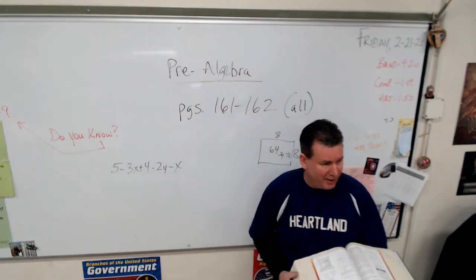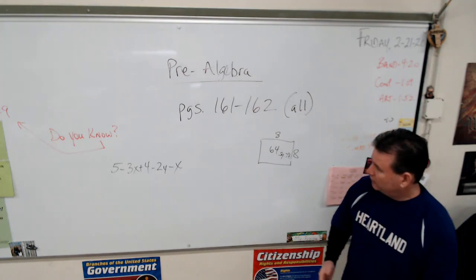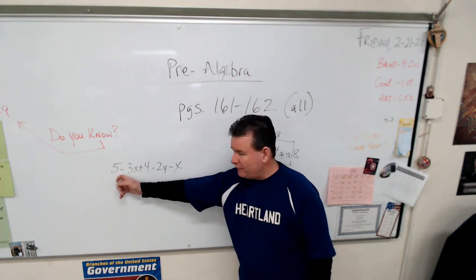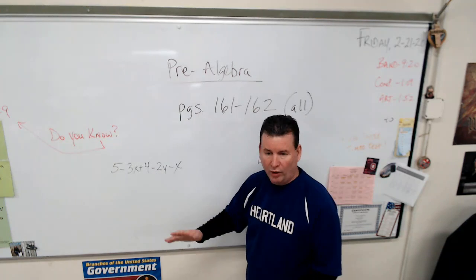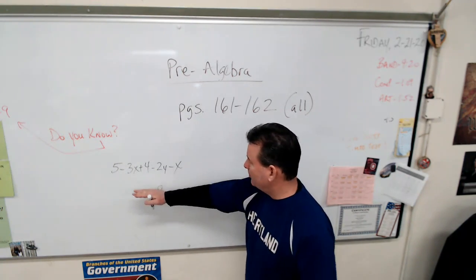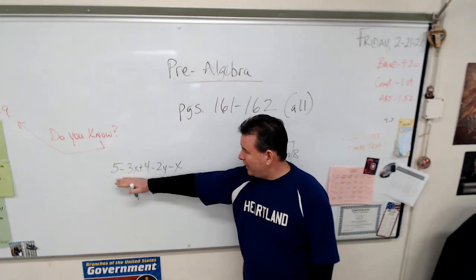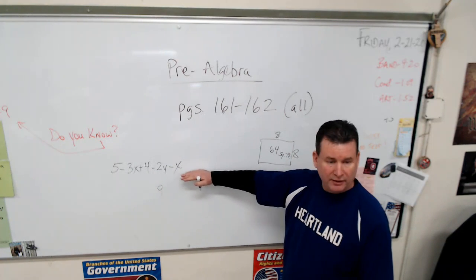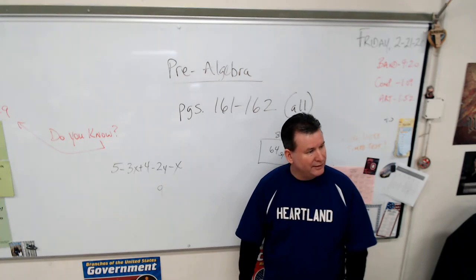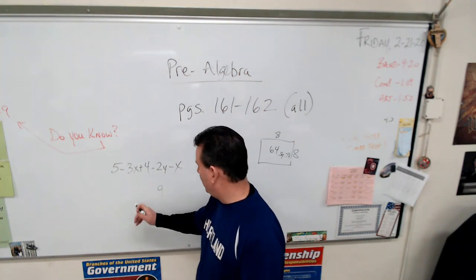What can I combine here? I can combine the 5 with the 4. What's 5 plus 4? 9. I can combine the negative 3x and the negative x. What's that? Negative 4x. And then I've got a negative 2y.